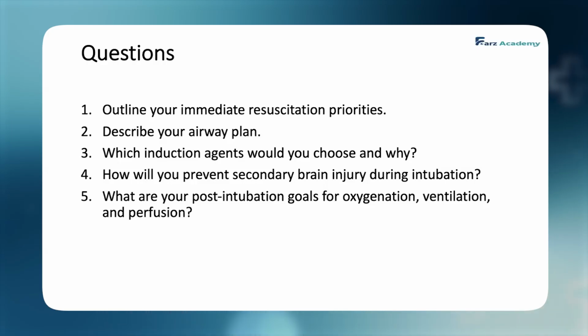Oxygenation is one important step to prevent secondary brain injury, so I will oxygenate him and apply rapid sequence induction. To avoid secondary brain injury, you have to avoid hypotension, you have to avoid hypoglycemia, you have to avoid hypercarbia. These three are the main things, and you have to prevent seizures.